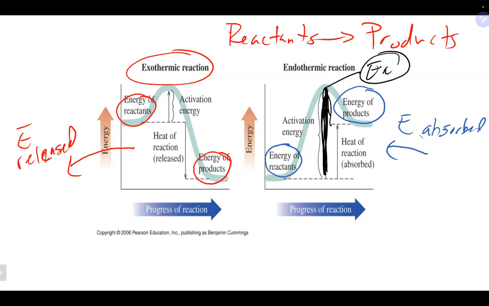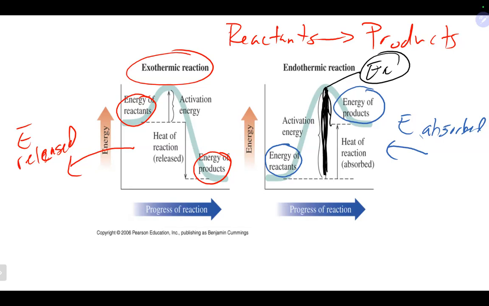The activation energy is also really important in terms of the rate of a reaction. It has a big effect, in a lot of cases, on how fast or slow a reaction occurs. If I had a really big hill for the activation energy, would I expect that reaction to occur faster or slower than a reaction that has a smaller activation energy? It should occur a lot slower, right? For two reasons. It's a much bigger hill to climb.